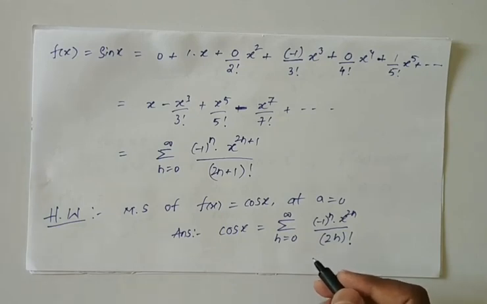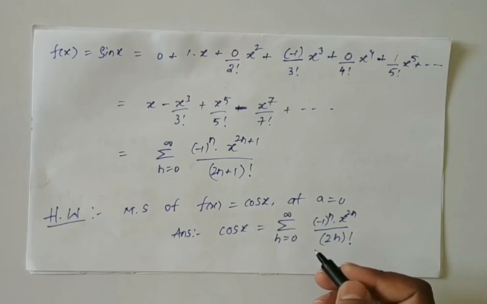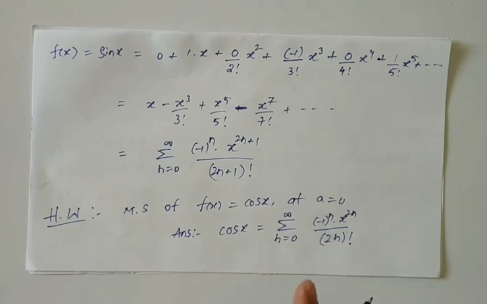Remember that all Taylor series, that means Taylor series of sin x, Taylor series of cos x, Taylor series of e power x at a is equal to 0, that is nothing but Maclaurin series. Remember the Maclaurin series of sin x, cos x, e power x or log x. This is homework.